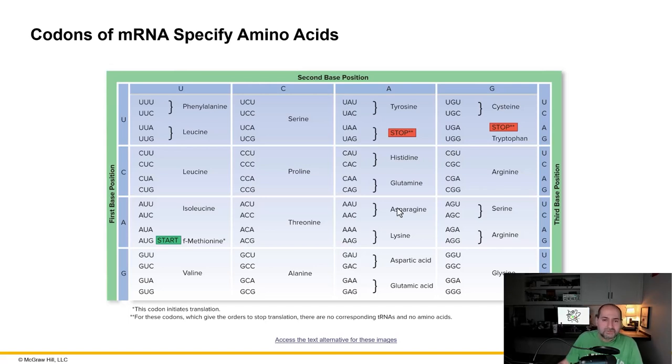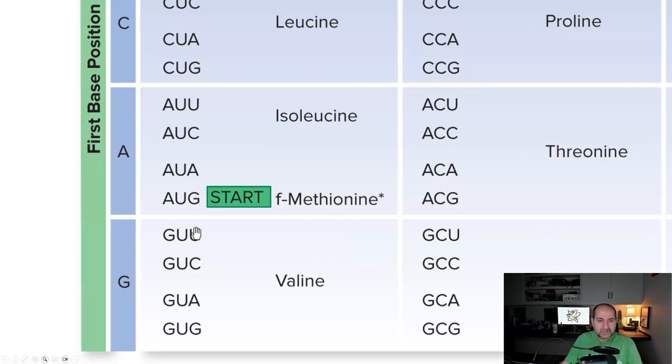Most codons code for amino acids, but there are a handful of very important codons. Let's start with this one here. This codon, which reads AUG, is a special codon. The first AUG that the ribosome encounters is called the start codon.